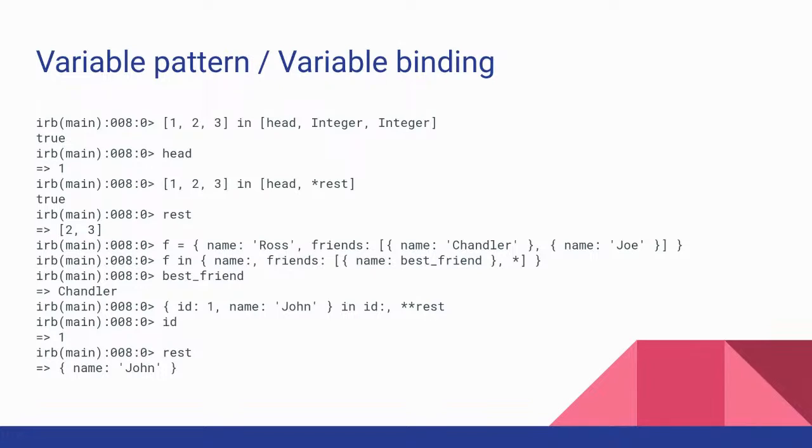And again, we're using the rest operator because we don't care about the rest of the items. And yeah, we can also extract using the rest operator and the hash pattern. We can extract the ID, like we're doing here, into a local variable, and the rest of the items into another, different local variable.